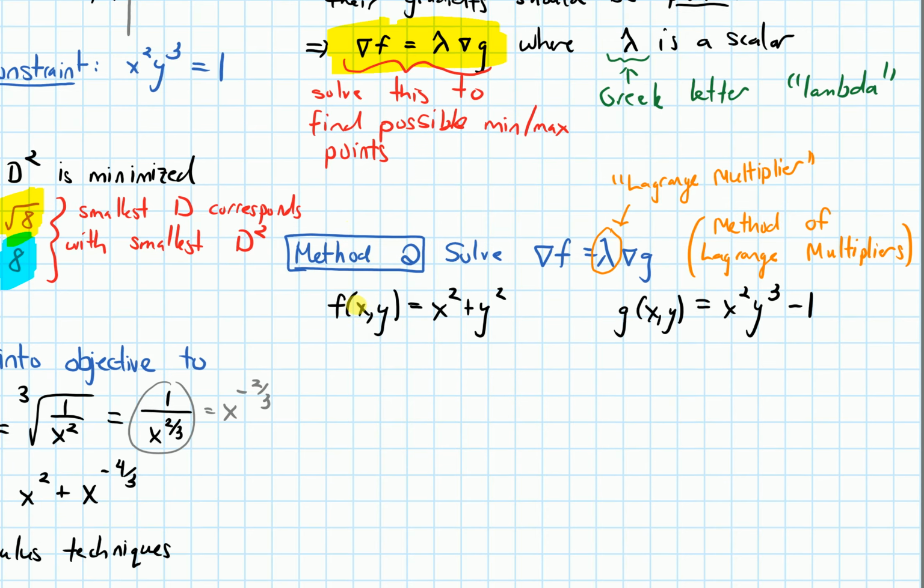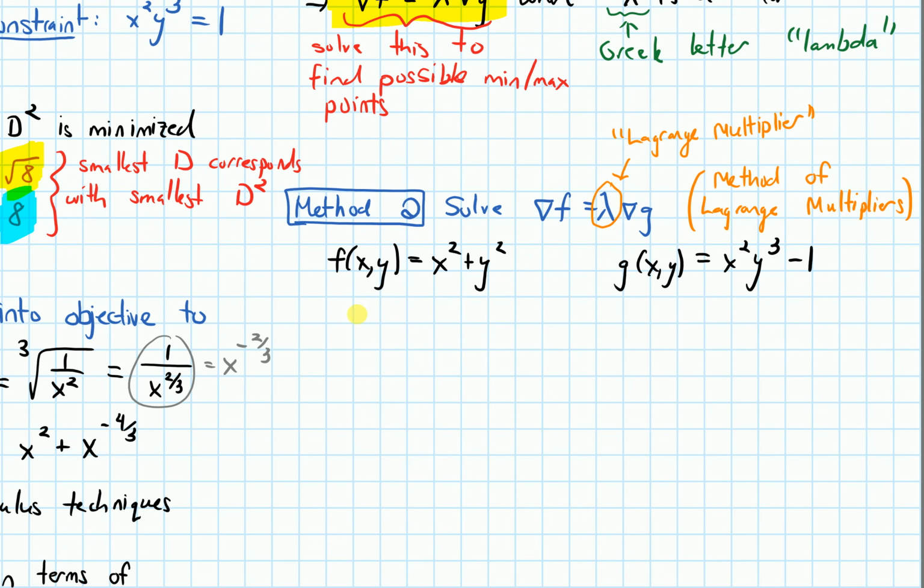We have these two functions, and let's take their gradients. The gradient of f is a vector. First I take the partial with respect to x, which is 2x. The next entry is the partial with respect to y, which is 2y. It stops there because this function is just a function of two variables. Now let's do the same thing with g. The gradient of g: the partial with respect to x is 2x y cubed, and the partial with respect to y is 3x squared y squared.